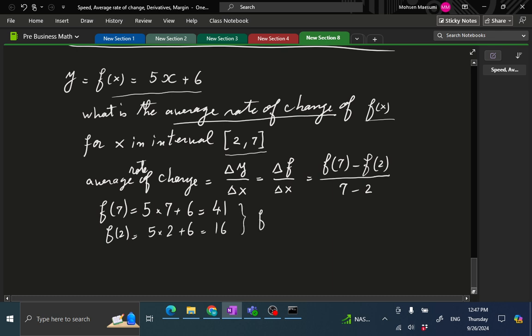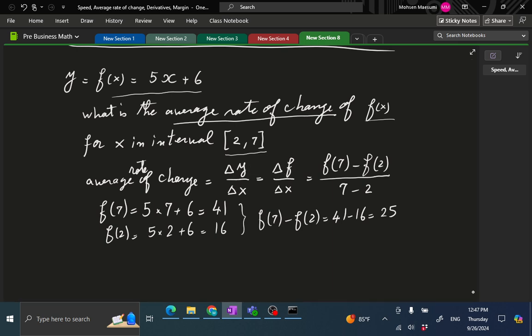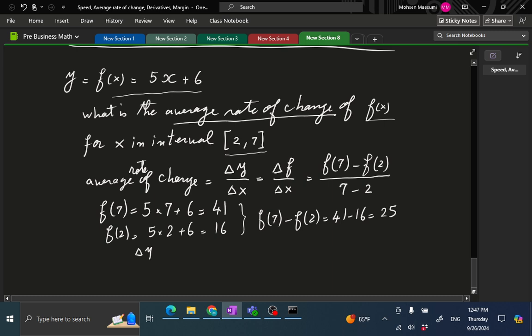So how much did this thing change? F of 7 minus f of 2, that's going to be 41 minus 16. And what is that? So that is, of course, 25. That is our numerator, delta f or delta y. So what we have is delta y or delta f, either one is 25.